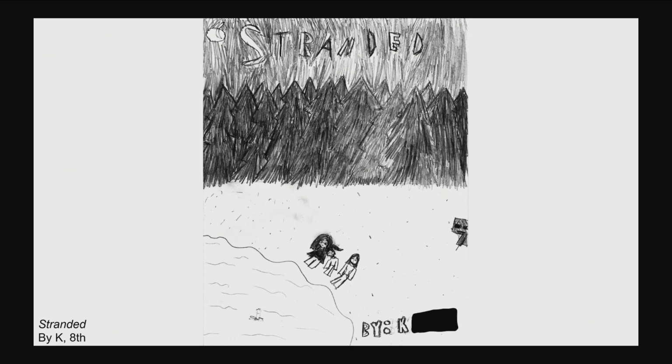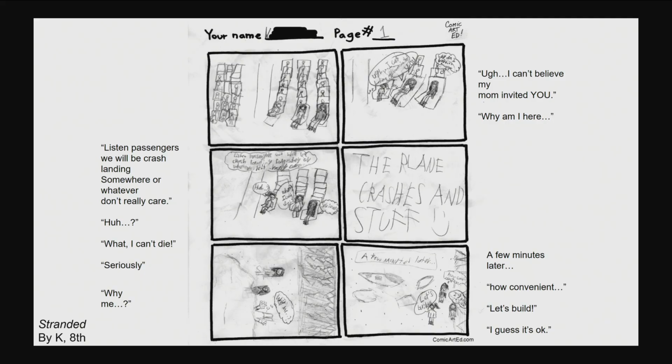Panel 1, we have people in seats. Panel 2, "Ugh, I can't believe my mom invited you." Thought bubble: "Why am I here?" Panel 3, "Listen, passengers, we will be crash landing somewhere or whatever, don't really care."